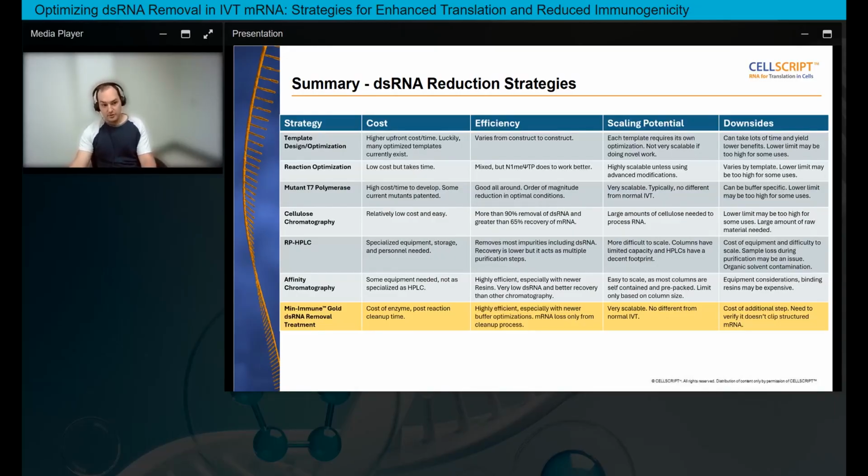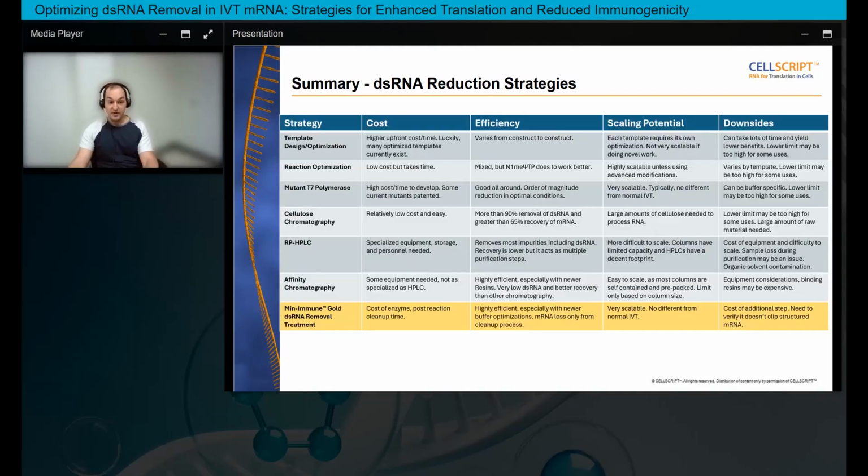And once again, their lower limit is going to be something that moves around a little bit, and it may still be too high. The chromatography methods shown here as well can be varying levels of easy and costly, and varying levels of efficiency of recovery of the double-stranded RNA and mRNA that you get out of them.